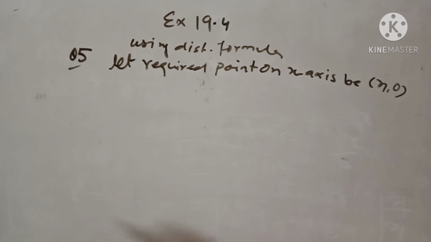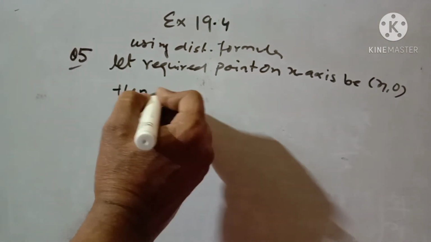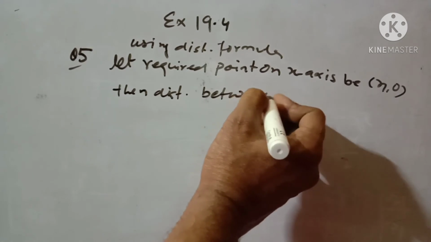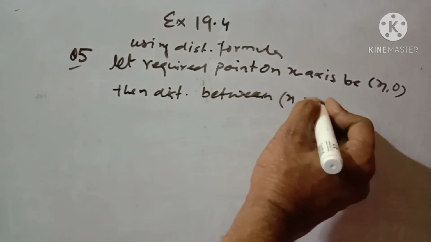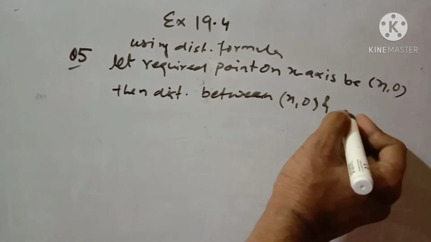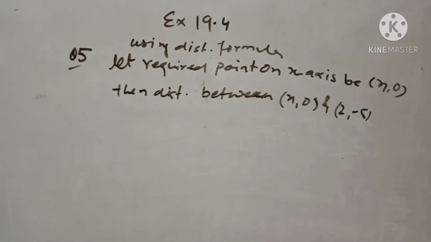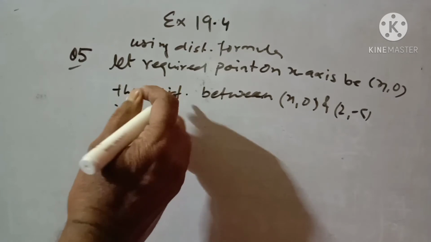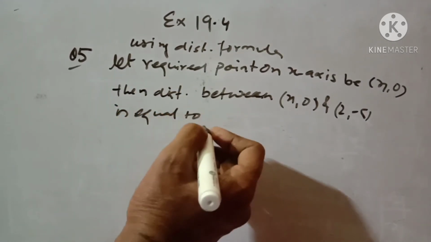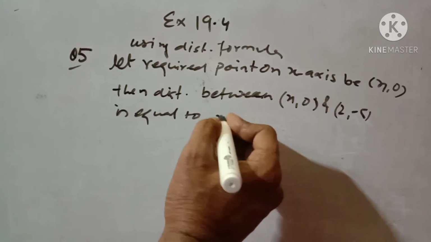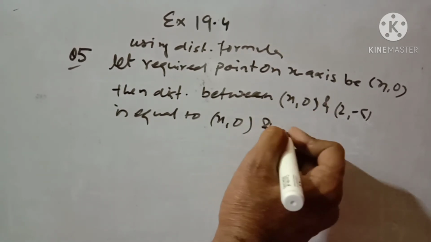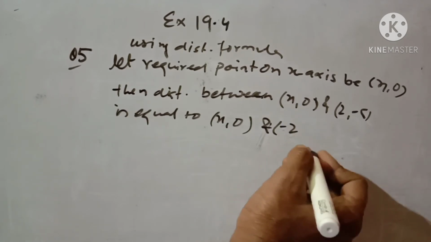Now the distance between x, 0 and 2, -5 we can easily write down, equal to the distance between x, 0 and the other point given, -2, 9.